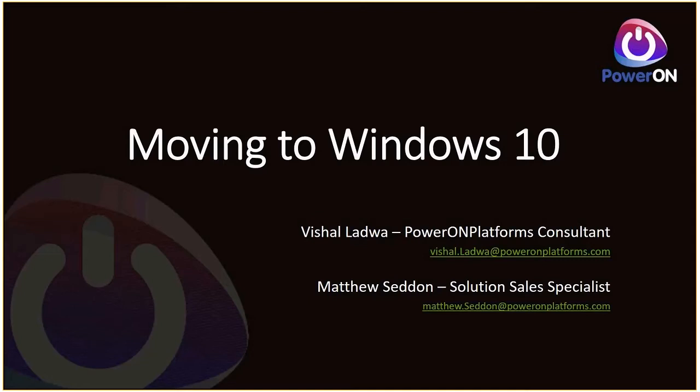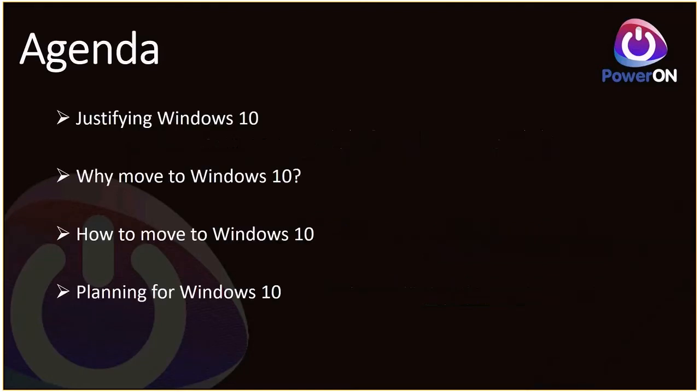So let's have a quick look at the high-level agenda. Okay, so justifying the Windows 10 upgrade. To start off with, we will look at the approach to traditional Windows operating system deployment projects of the past, and the challenges and the digital disruption these projects introduced.